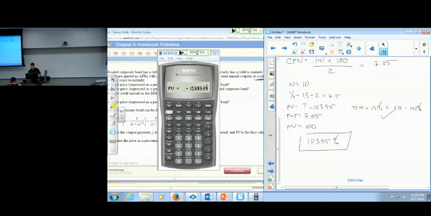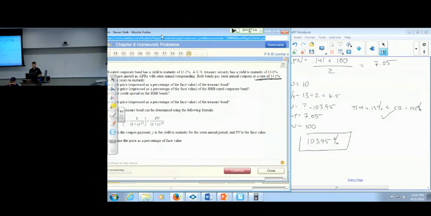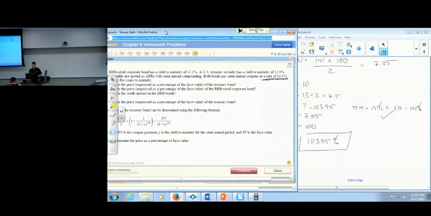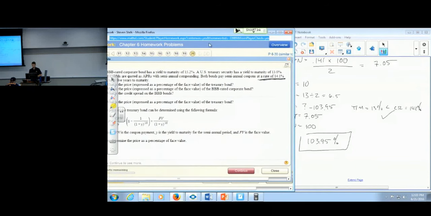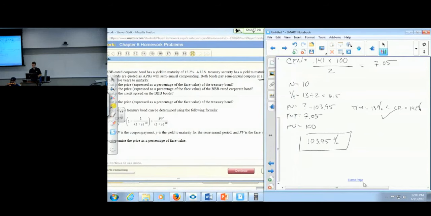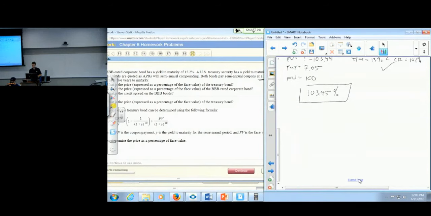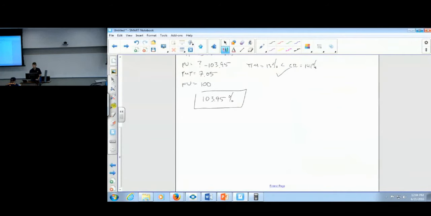The beauty of picking that 100 is we get the answer just as we need it. Okay, it wants to know the price as a percentage of face value for the corporate bond.